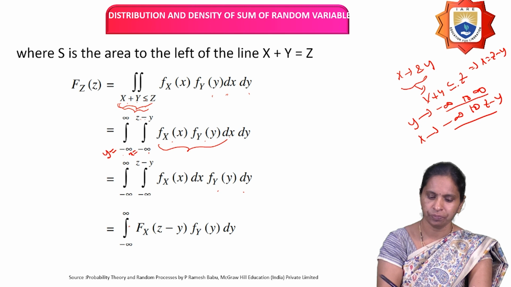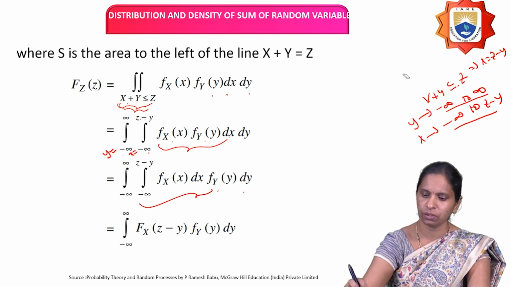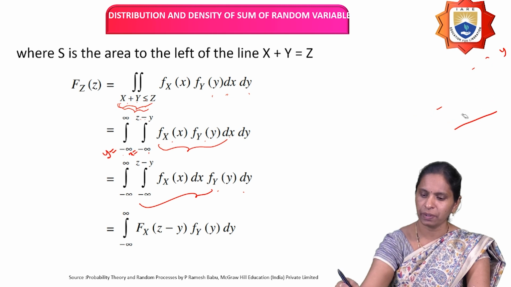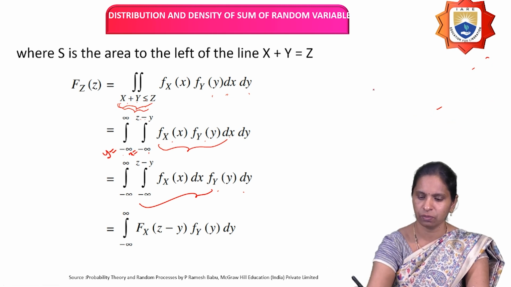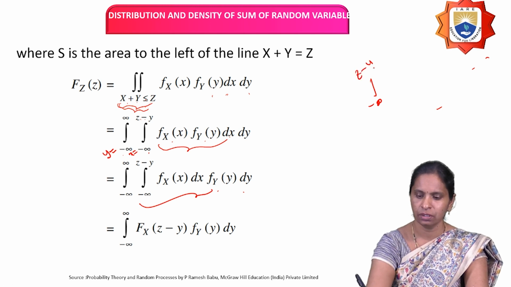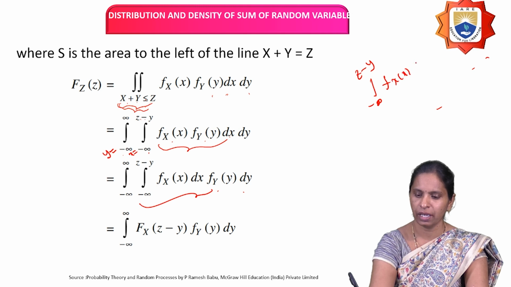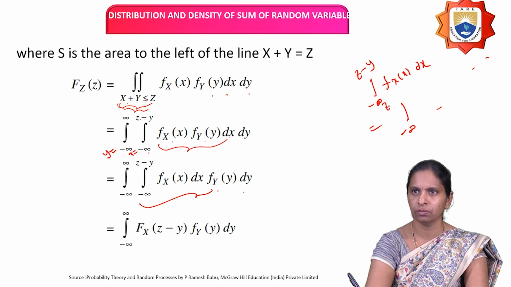Now, what is this integration from minus infinity to z minus y of fx of x dx? I have to substitute now. What is the density function of the random variable x?